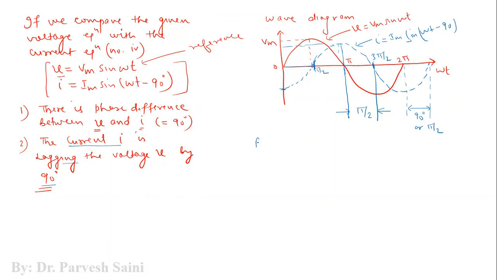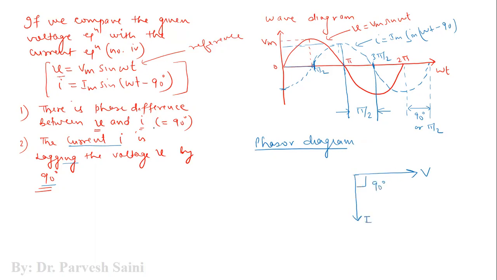As far as the phasor representation is concerned, because your voltage is the reference phasor, we will take voltage along the x-axis. This is V, and the current, because it is lagging, will be here.